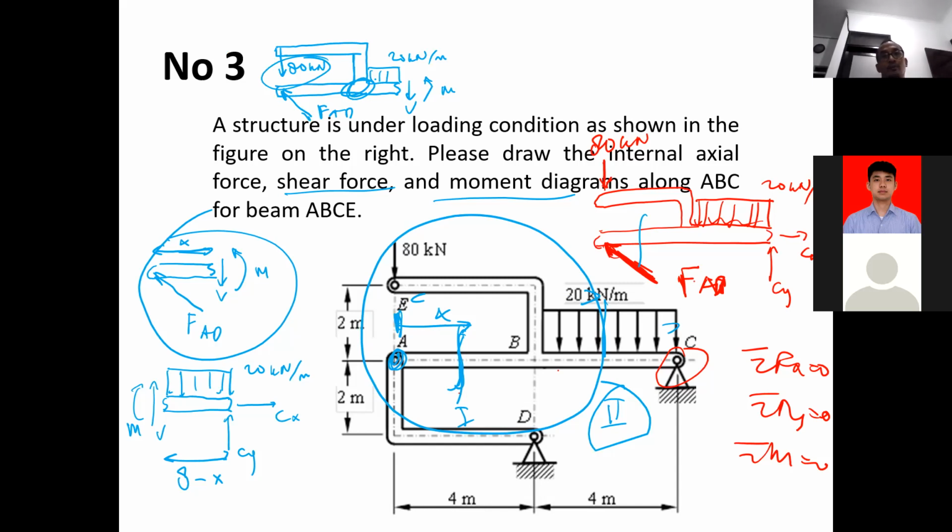But because we're moving it like that, there will be a moment as well. So it's actually up to you. You can solve it this way, or you can solve it like this.